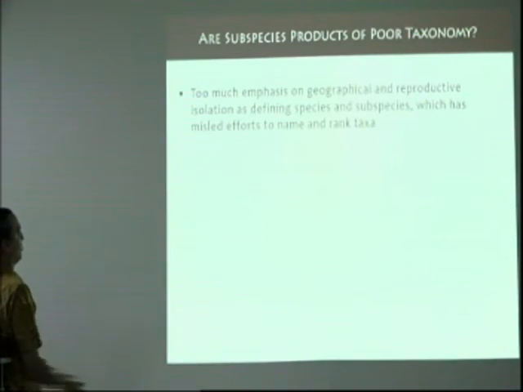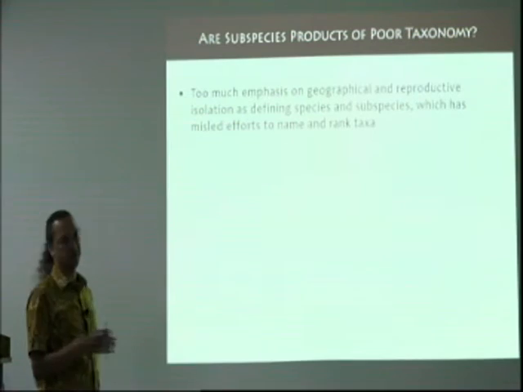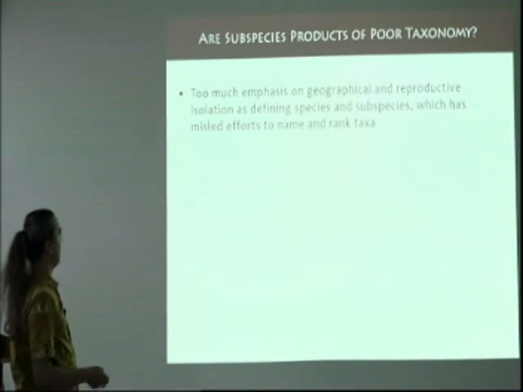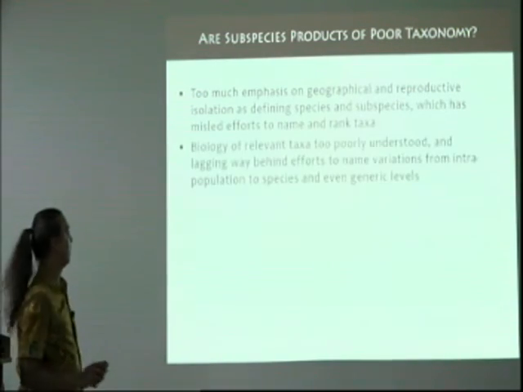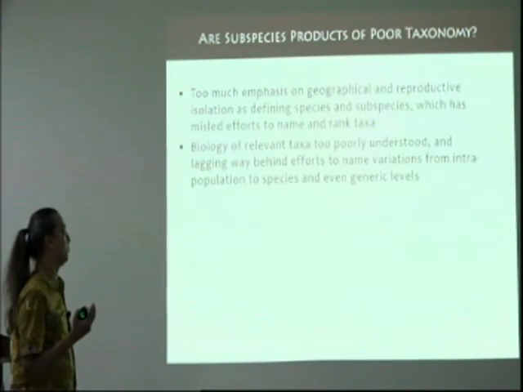So, are subspecies products of poor taxonomy? There has been too much emphasis on geographical and reproductive isolation to define species and subspecies, as I mentioned earlier, which has sometimes misled efforts to name and rank taxa. There really shouldn't be a fight.